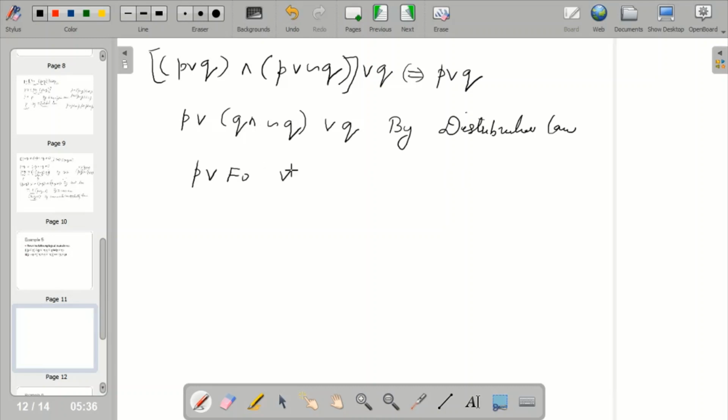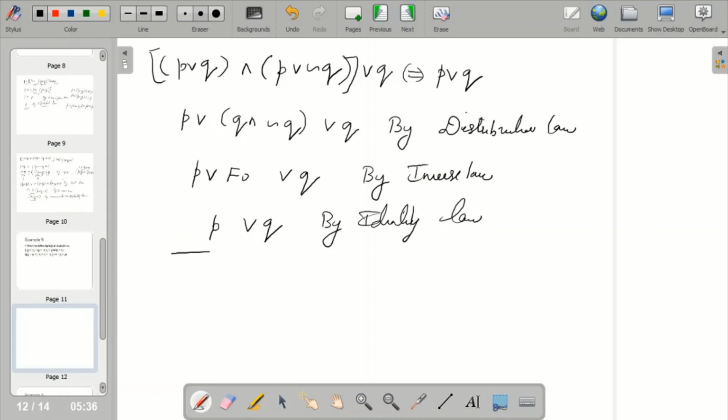So this is by inverse law. After that, P or f naught you can get as P itself by identity law. So it will be P or Q by identity law. So that is the required result.